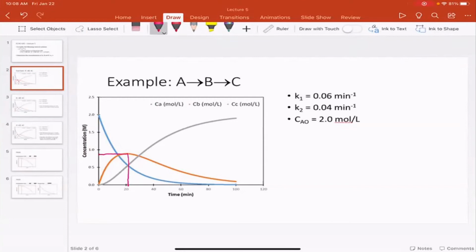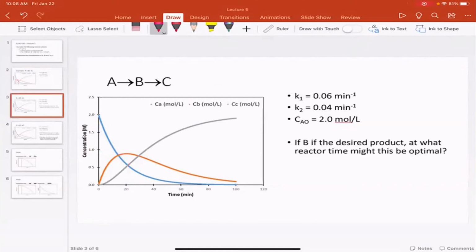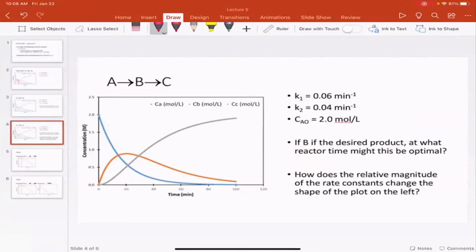Now, from here, we might want to ask ourselves, we know A goes to B goes to C, but how can we change the relative magnitude of the reaction rate for A goes to B and B goes to C, right?